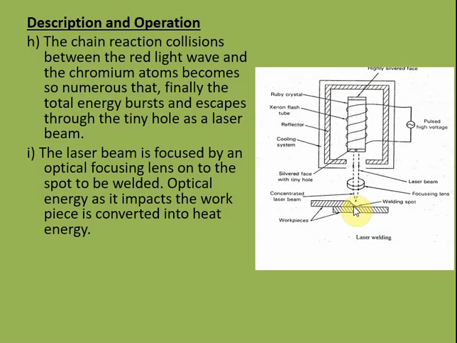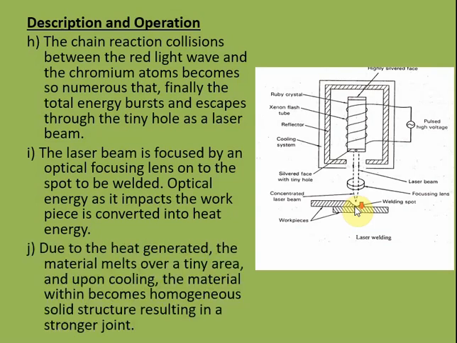Because of that, there will be enormous heat generation. This heat is used for the melting of workpieces. Due to the heat generated, the material melts over a tiny area, and upon cooling, the material becomes a homogeneous and solid structure, resulting in a strong joint.